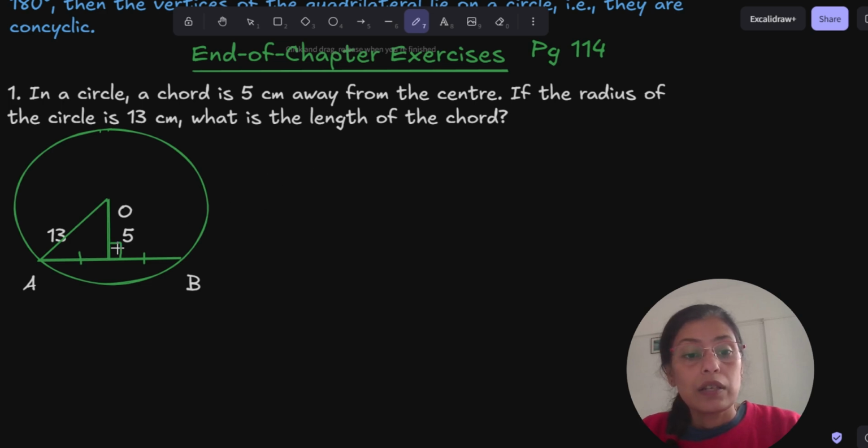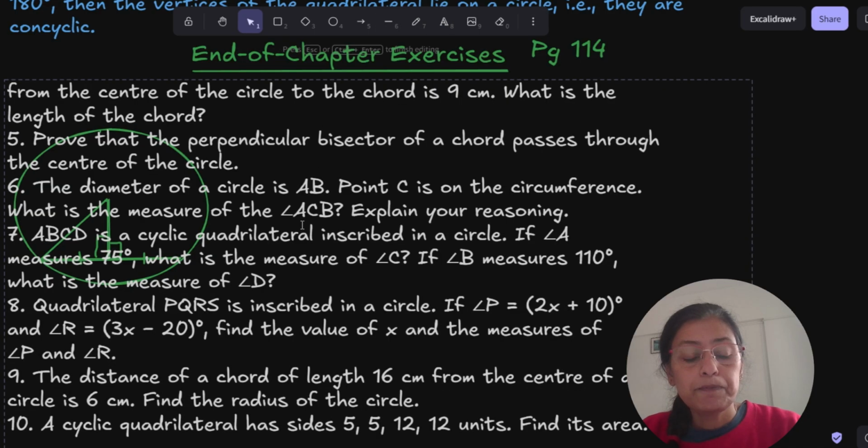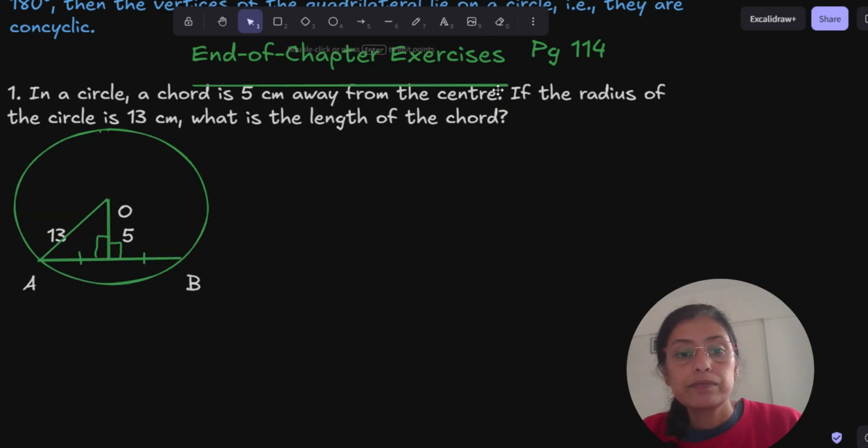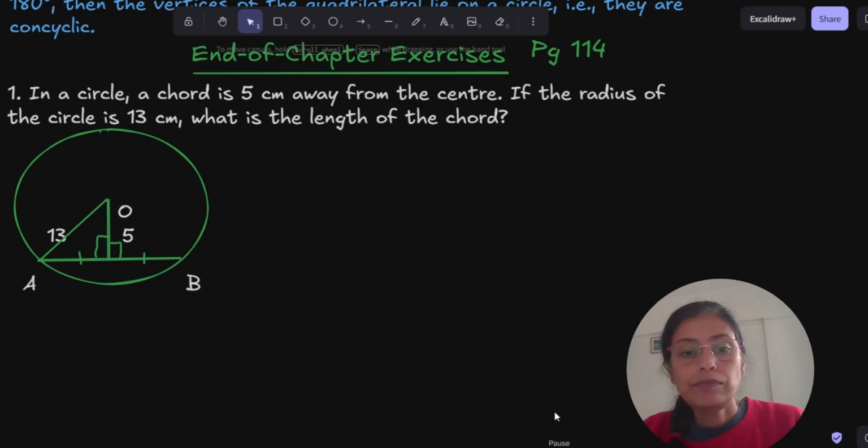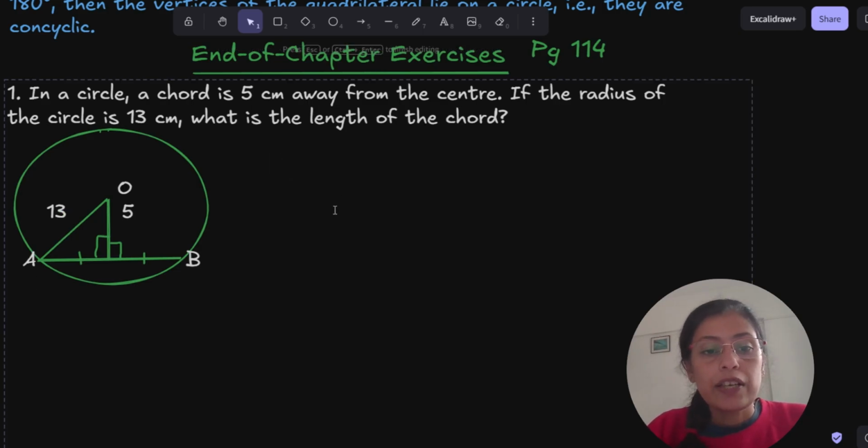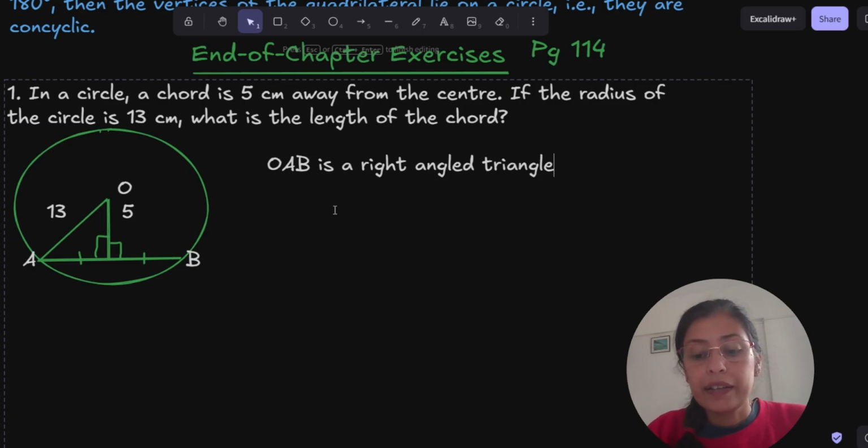And this is perpendicular. So what is this triangle? This triangle is a right angle triangle. So we can say OAB is a right angled triangle, because this is already given to us, right?